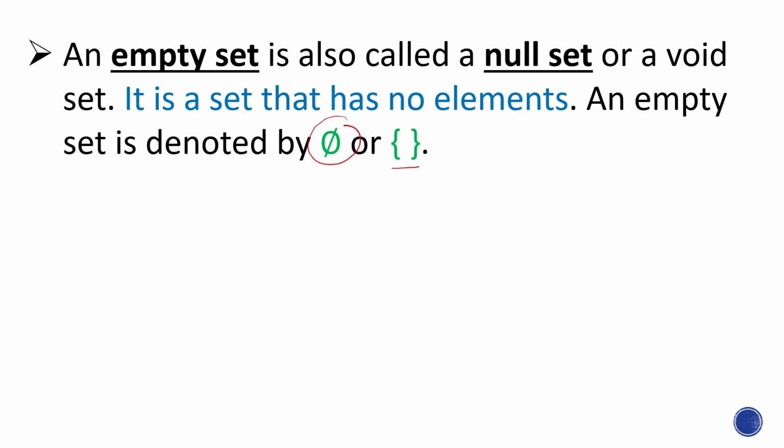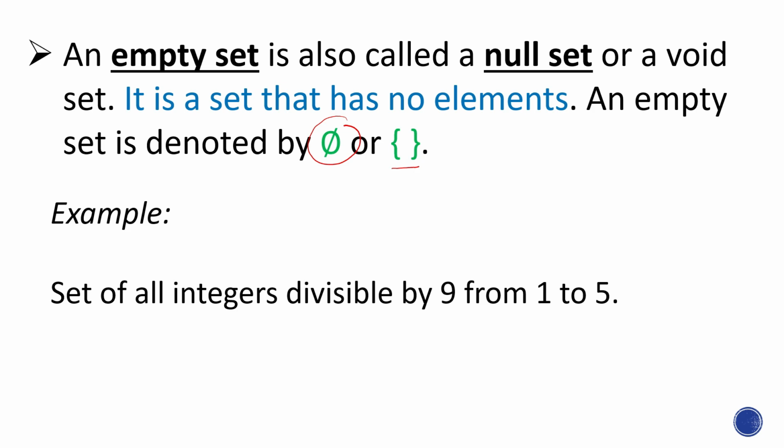For example, okay, so here, set of all integers divisible by 5 from 1 to 5. 1, 2, 3, 4, 5. Is there an integer there that is divisible by 5? There's none. So that's an empty set or a null set.